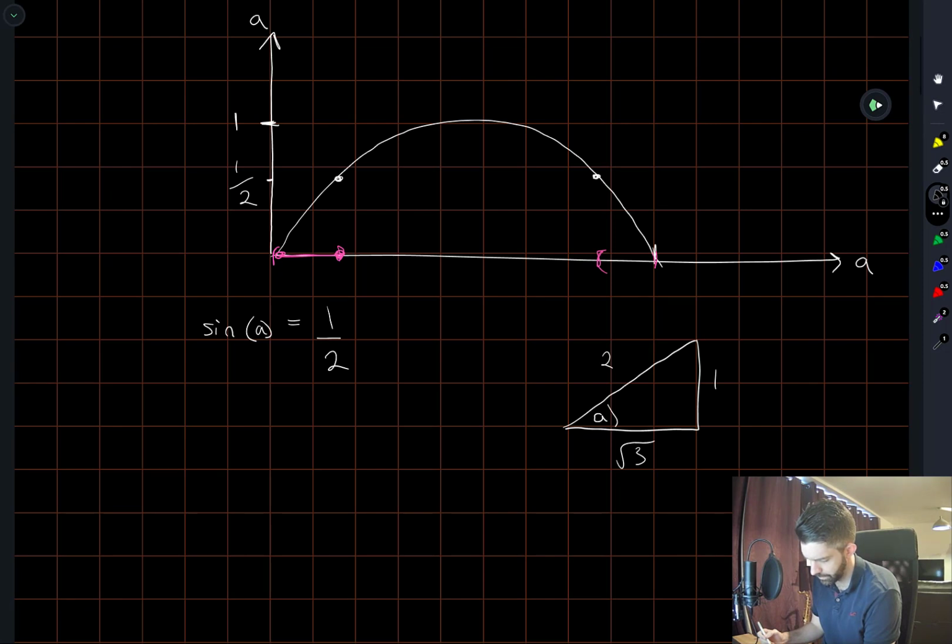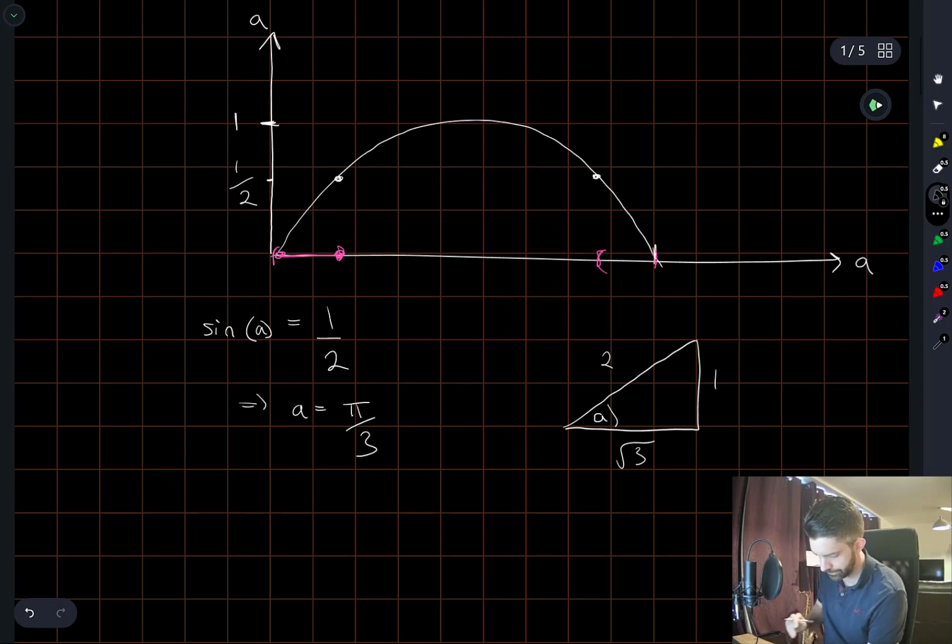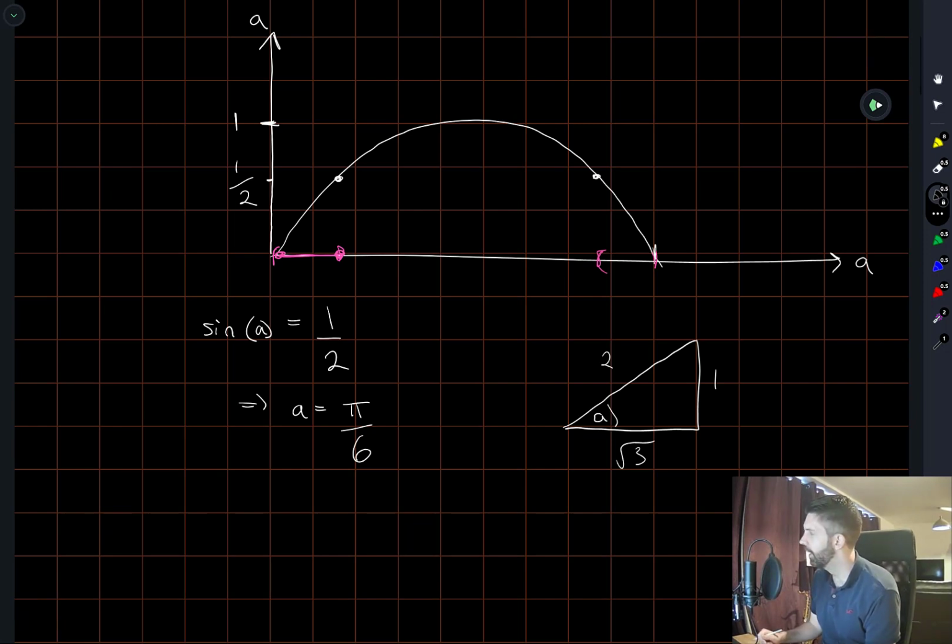Just make sure 1 plus 3 is 4, 2 squared is 4. Okay, what angle is that? Well, certainly less than pi over 4. Is it pi over 3? I think. No, not pi over 3. Geez, pi over 4, pi over 6.